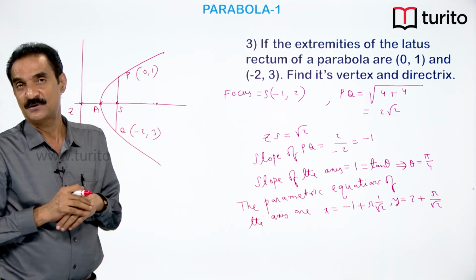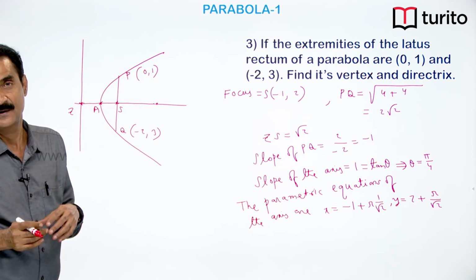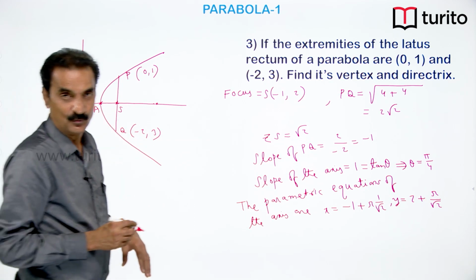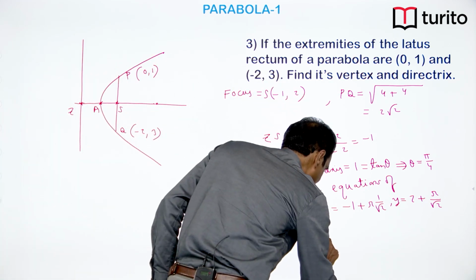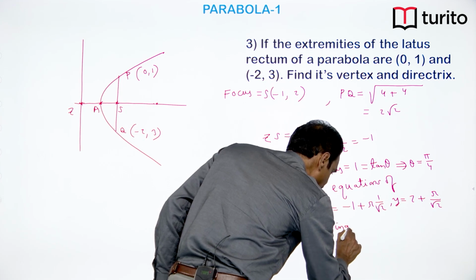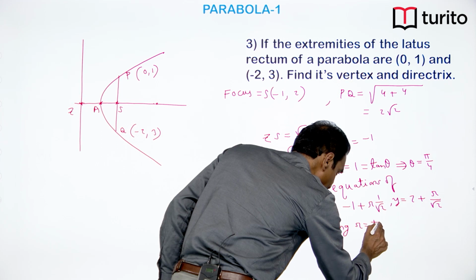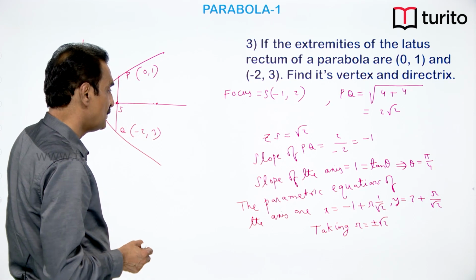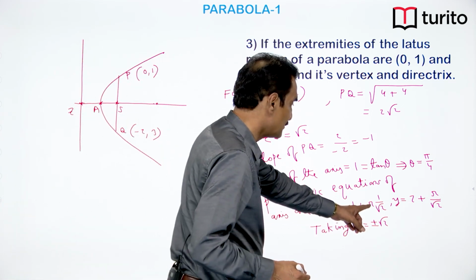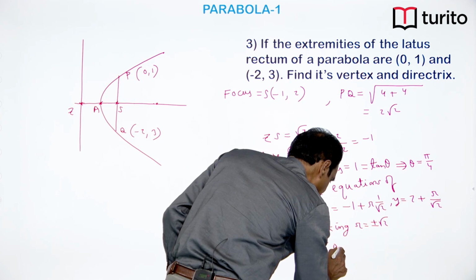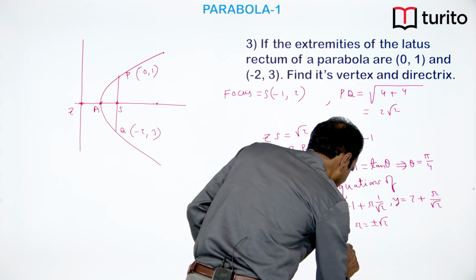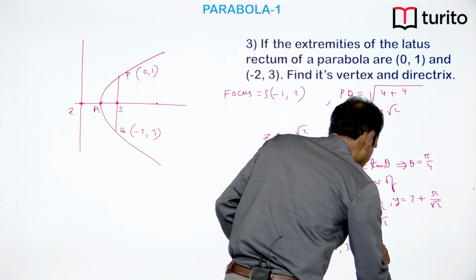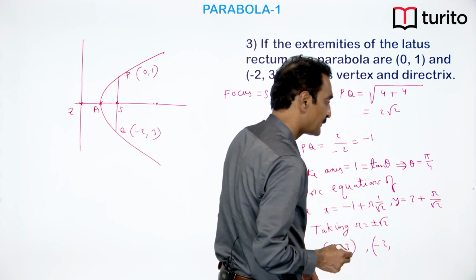So, let us find both, then identify which is Z. Now, taking r is equal to plus or minus root 2. Taking plus root 2, we will get 0, comma 3. Taking r is equal to minus root 2, we get minus 2, comma 1.